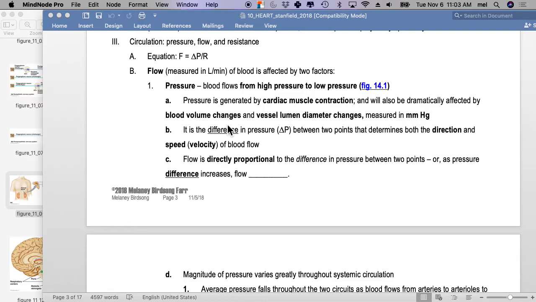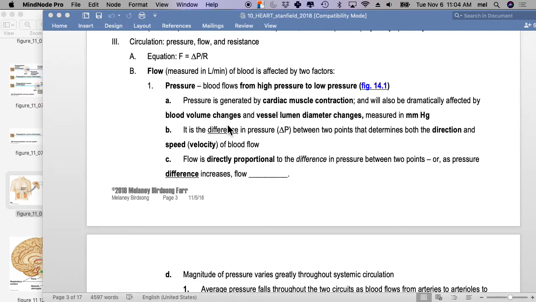So let me give you another one, and then you can tell me the direction of flow. If this is 100 and this is 80, then you immediately know it goes that direction, right? So the difference in pressure not only tells you the direction, but it also will tell you the speed, because I want you to compare this one to the next one I'm about to write and tell me which one is going to have a faster flow.